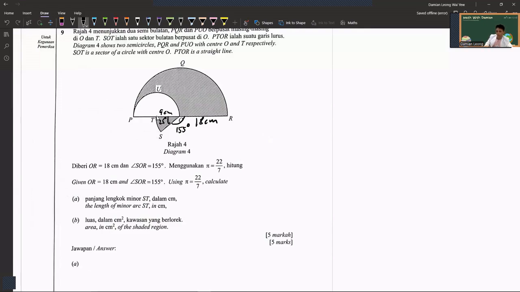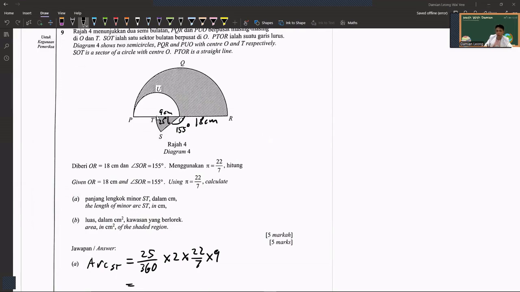So length of arc ST is angle over 360 times the circumference, 2 pi r. 2 times pi, pi is 22 over 7, they say here, times radius, radius is 9.